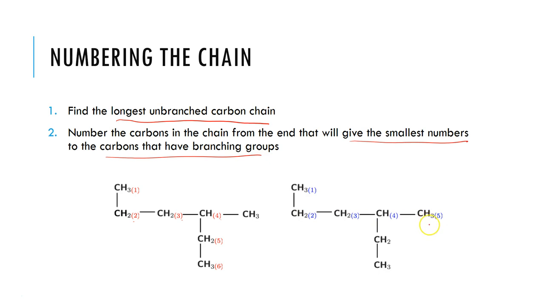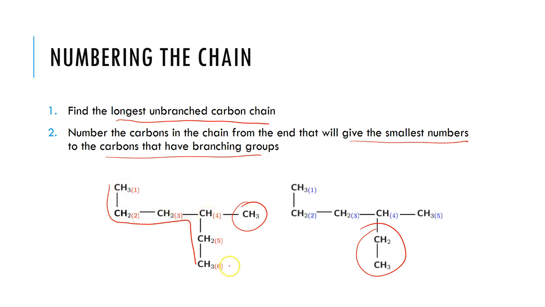Now let's look at our rules. It says longest unbranched carbon chain, and then we name it from the end that gives the smallest number to our branching group. In this case, this is a branching group, this is a branching group. So longest unbranched chain must be this one here, because this one is only 5. This is our longest unbranched chain here, but we said it will give the smallest numbers to the branching groups, 1, 2, 3, 4.